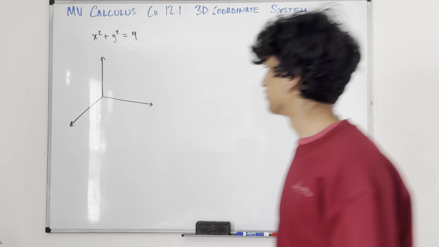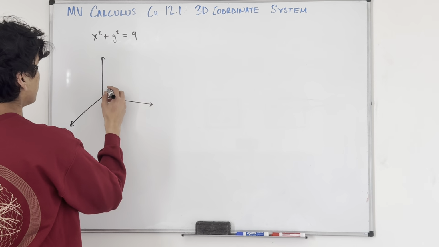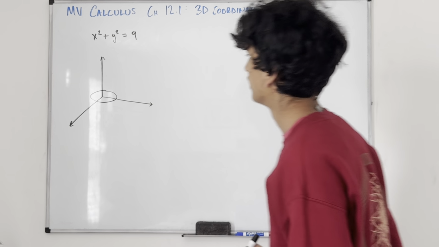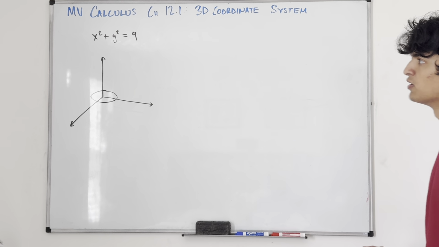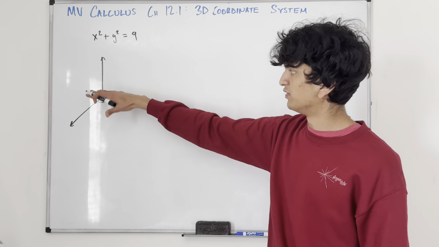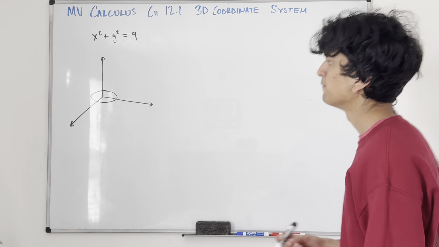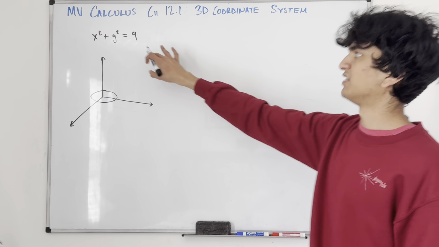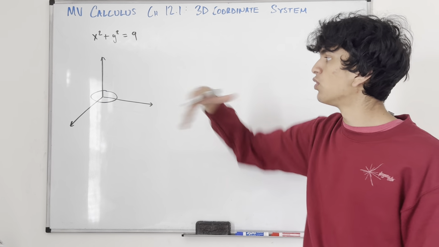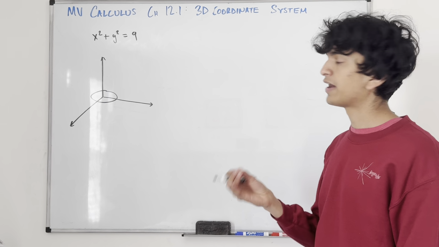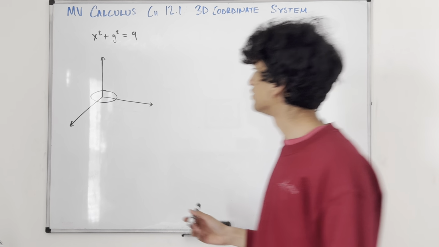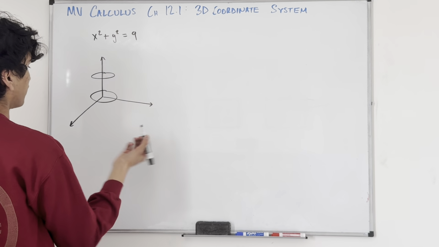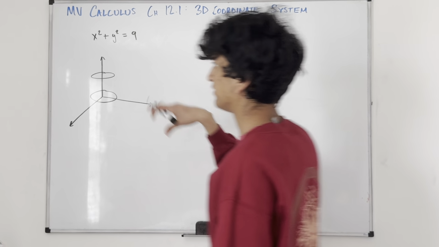The same really goes here, but now you have a circle right here when z is equal to 0, on the xy plane, but z is independent of this equation. So no matter what value of z we have, we still get a circle at that z value.